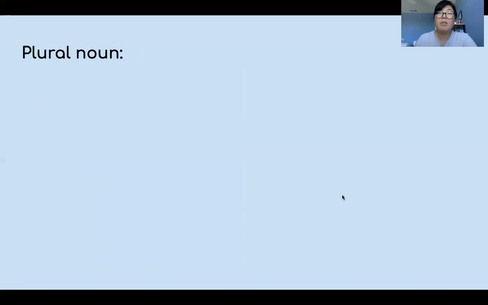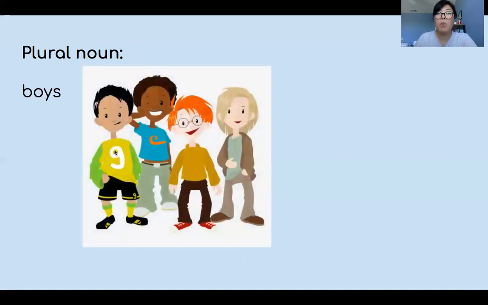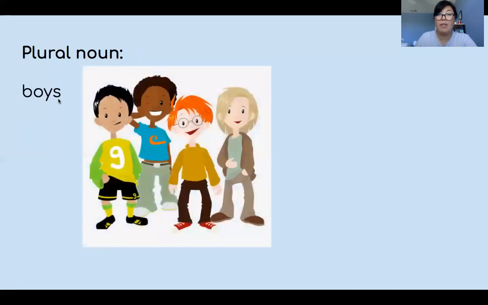Plural noun means many, and noun means person, place, or thing. What if we have many boys? Then we need to add the s at the end of boy, boys. There are 4 boys. 1, 2, 3, 4. Let's go back. Singular noun, one boy. We don't add the s at the end. Many boys, 4 boys, then we add the s at the end.